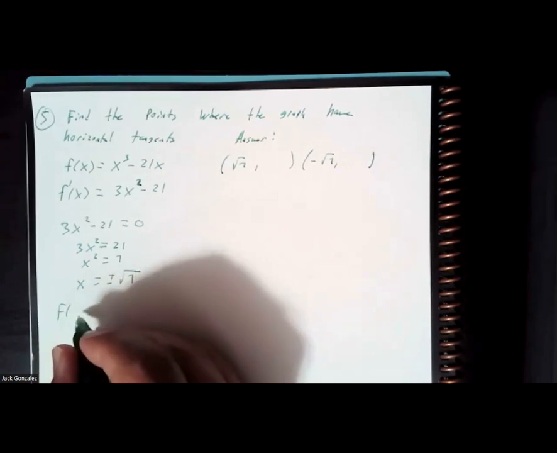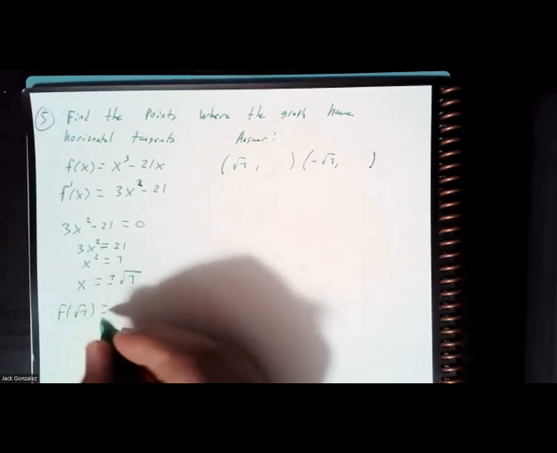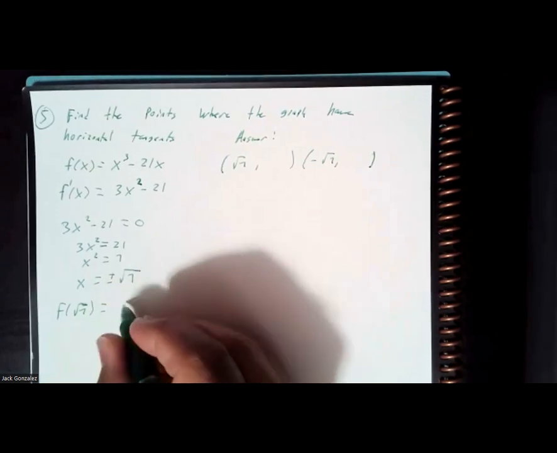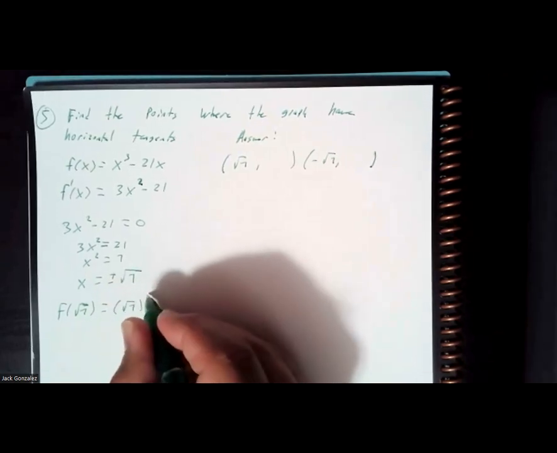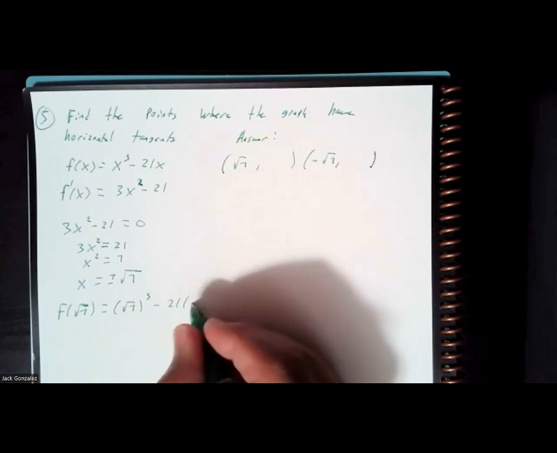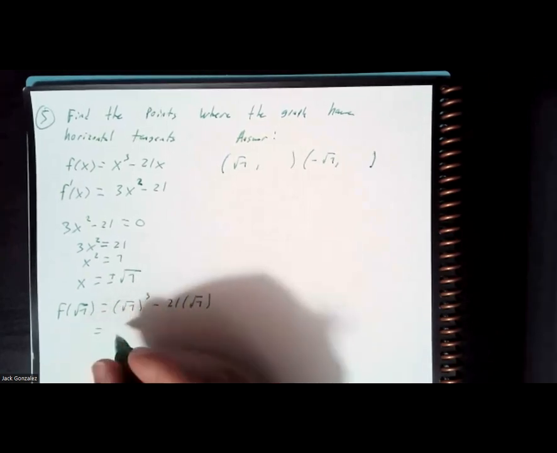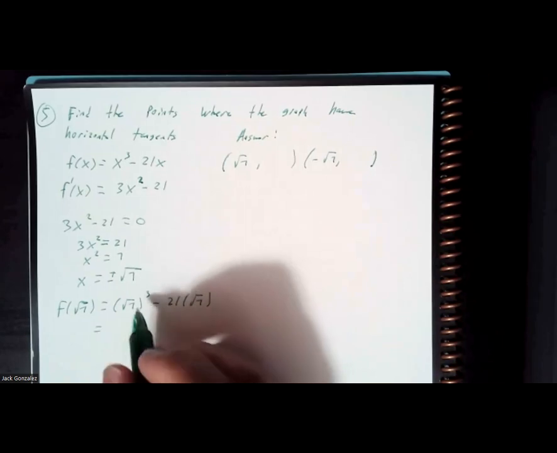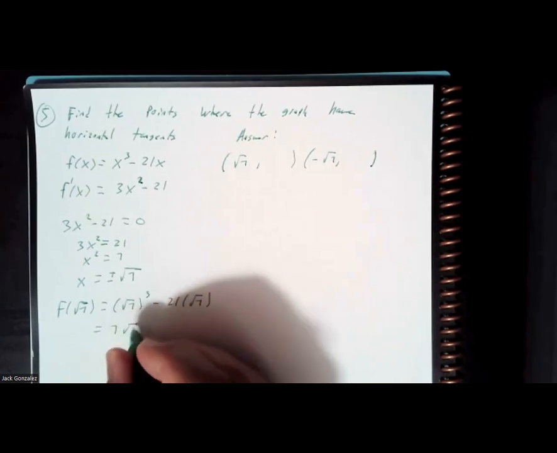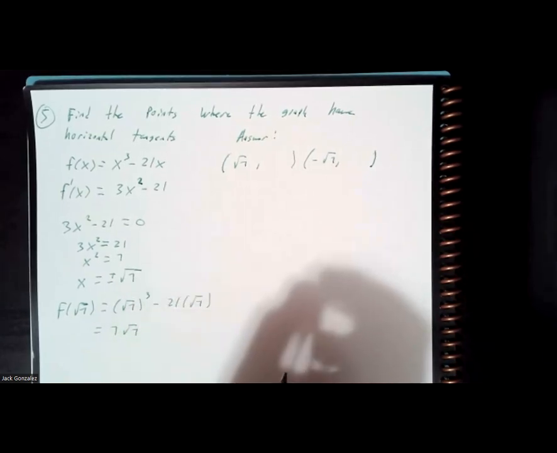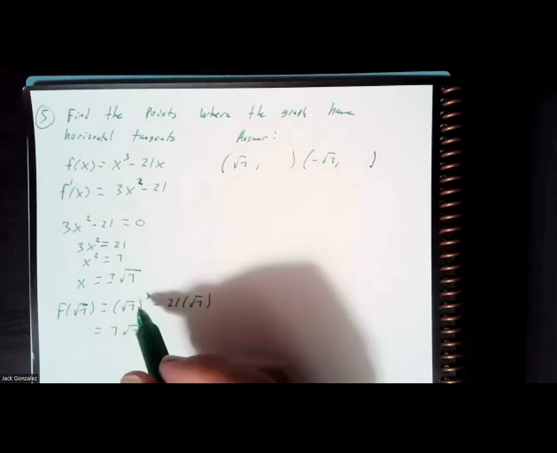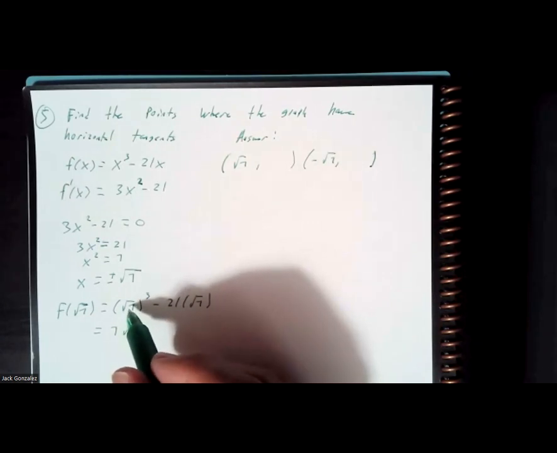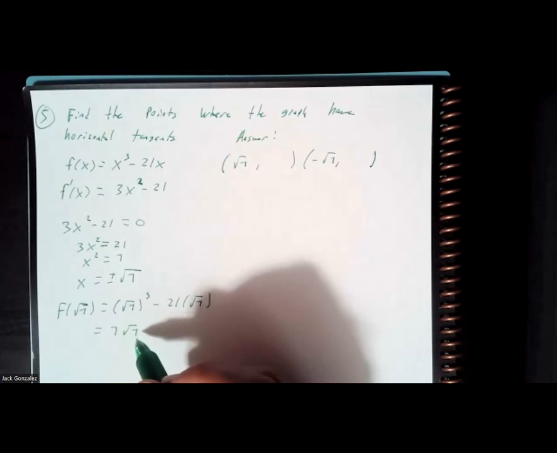So plug in root 7 to get the y value. So root 7 times root 7 times root 7 is 7 root 7, right? Root 7 times root 7 is 7, correct? If you do it twice. Yes. So if you do it one more time, it'd be this.